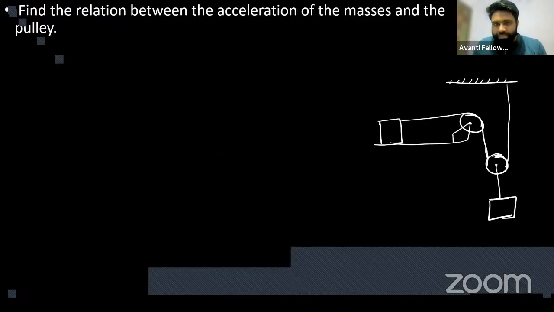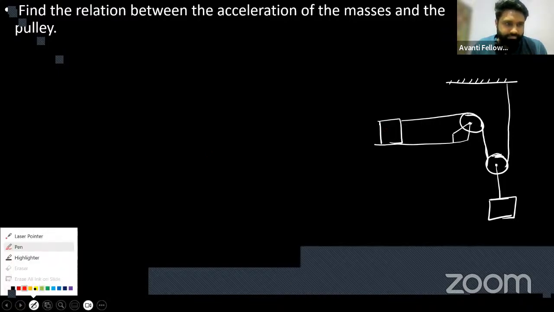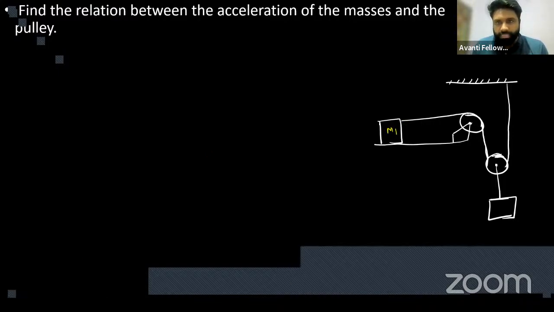Here the values of masses are M1 and M2. So try to find out the relation of acceleration between the masses and the pulleys.